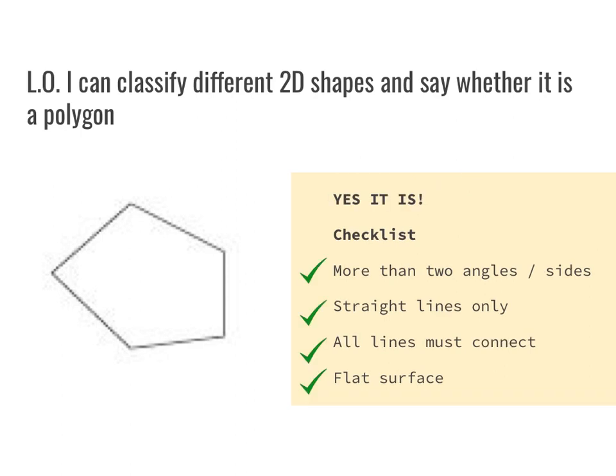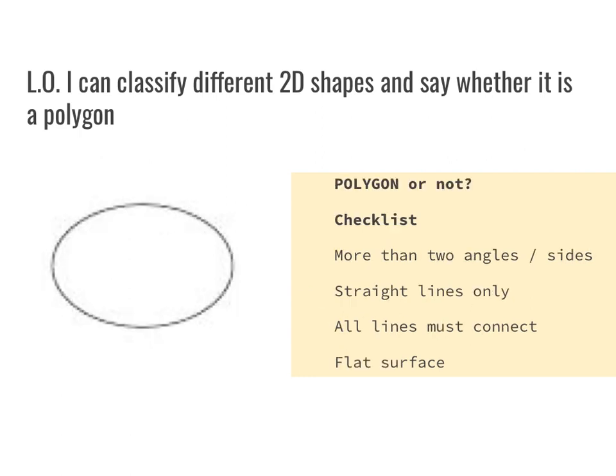Yes, this shape is a polygon because it fulfills all four properties of a polygon. It has more than two sides or angles. It is made up of straight lines only. All lines are connected, and it is a flat surface. Well done.